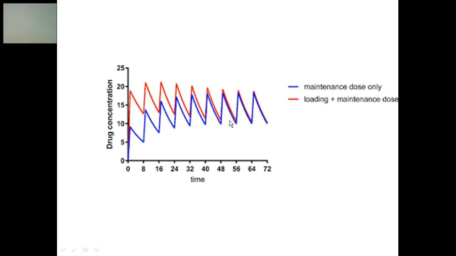From here, at 7 to 8 it is becoming stable. Before that it takes around, suppose, 7. So if I consider these as half-lives, it takes around 7 half-lives to get to a steady state.